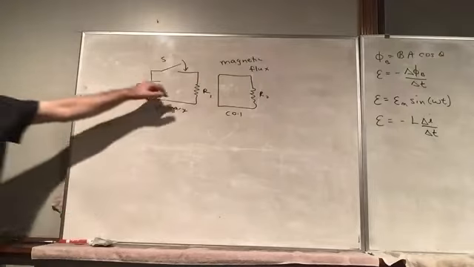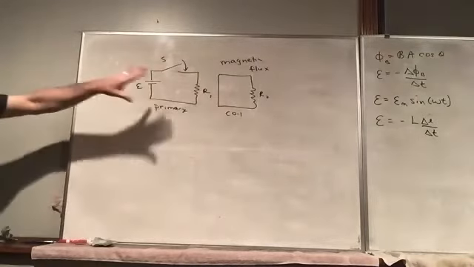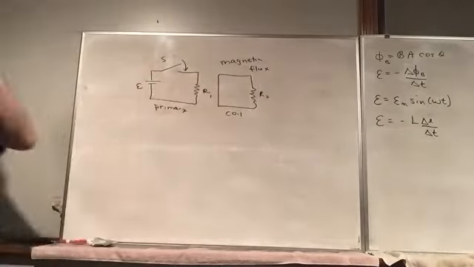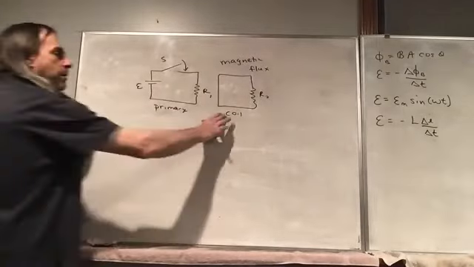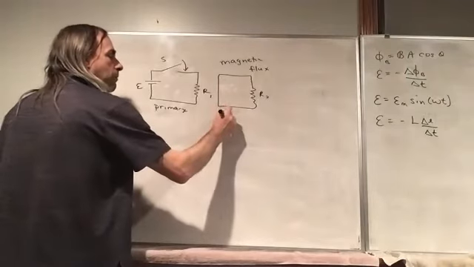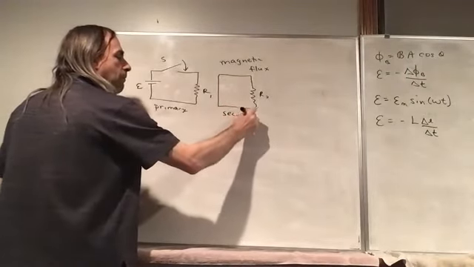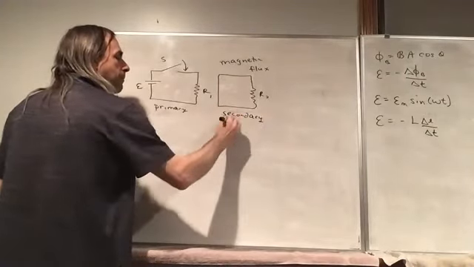A change in the current in one coil will create an EMF in the, I don't know why I call this coil, it could be secondary coil. Okay, so changing the current in the primary coil will create an EMF in the secondary coil.